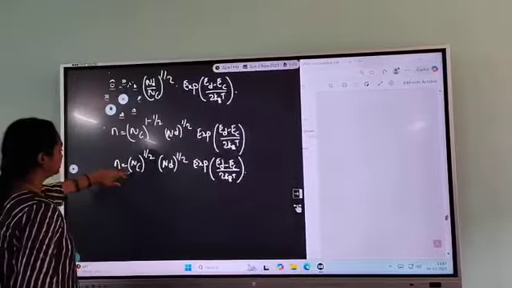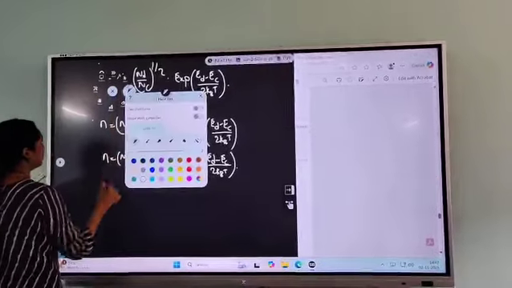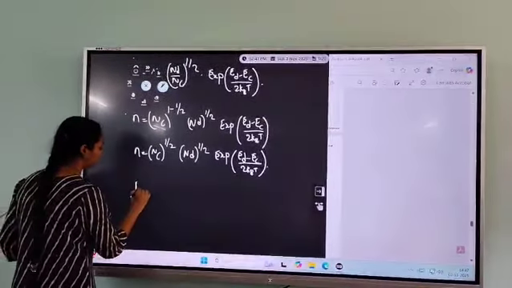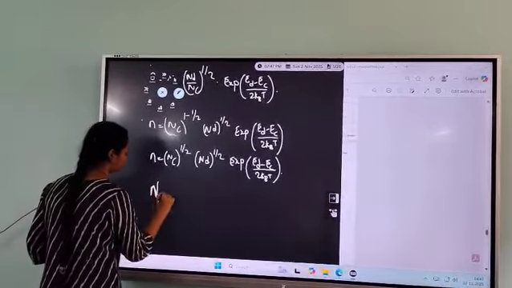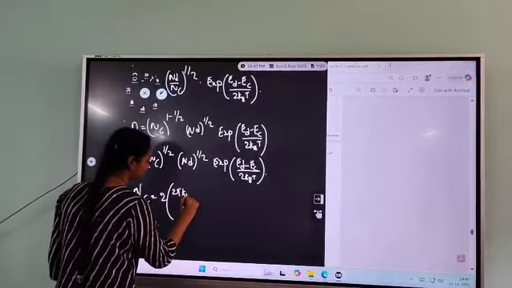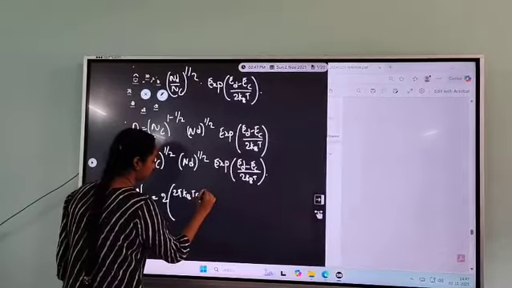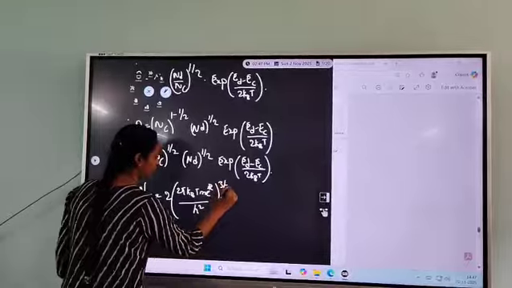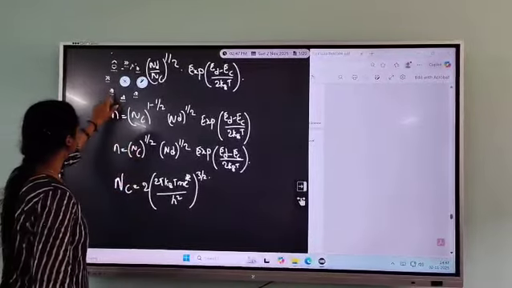As we already know, Nc is equal to 2 into 2 pi kBT m_e star by h square, whole power 3 by 2. We substitute this value of Nc in this equation.